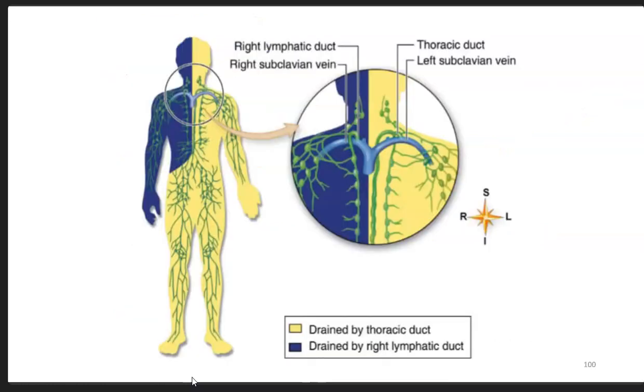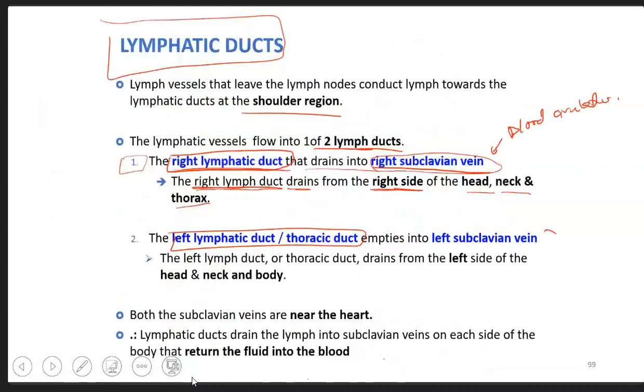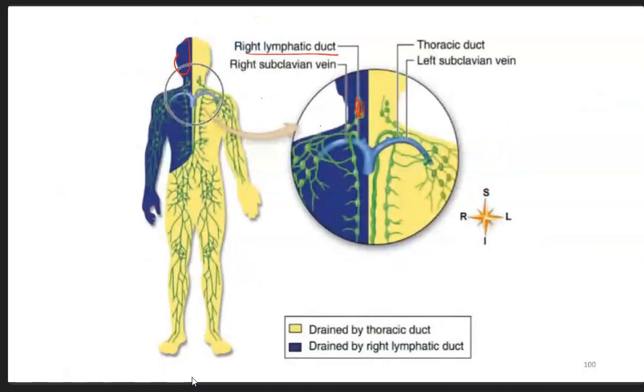If you look at here, you have the right lymphatic duct. So the lymph coming from the right side of the head, the right side of the neck and also thorax, and also in this region here, all the lymph will return back to your blood circulation through the right lymphatic duct and enter into the right subclavian vein.